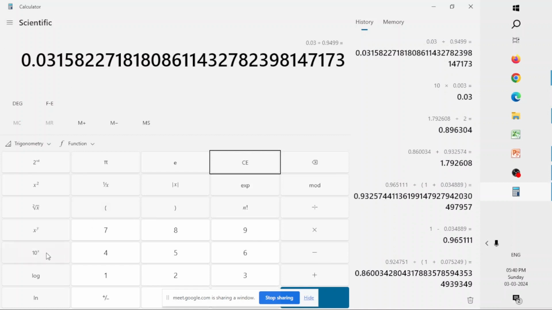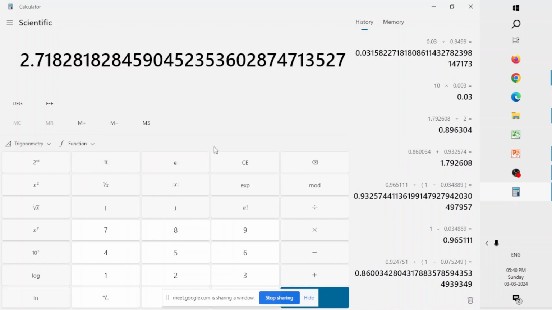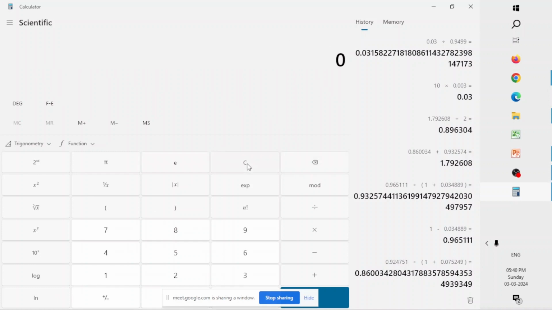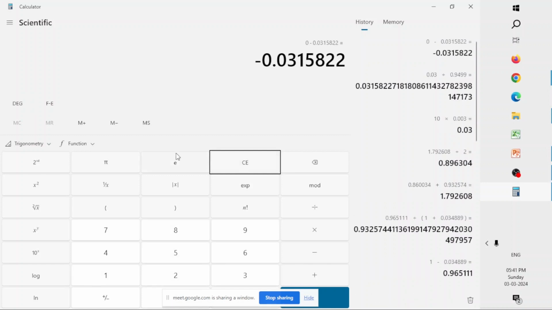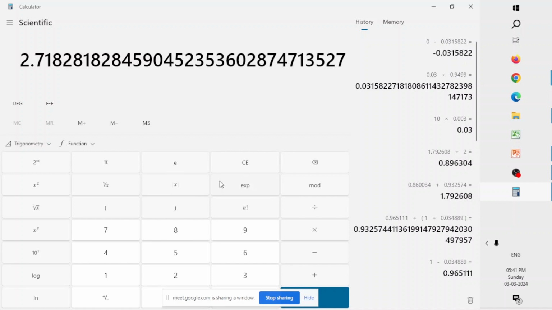So here we got minus 0.0315822. Okay, let me just calculate here in my calculator.